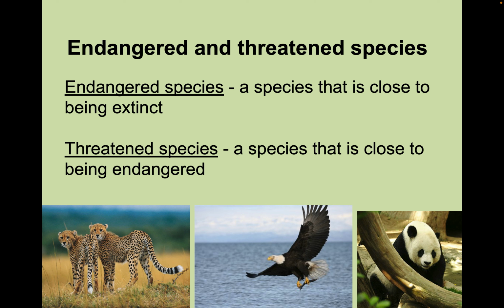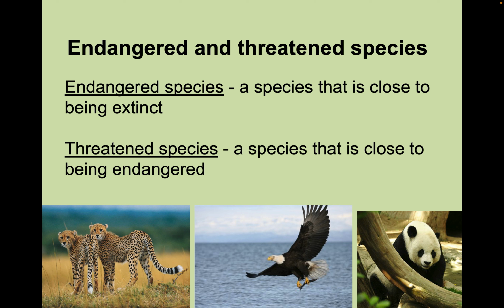An endangered species is something that's close to being extinct. A threatened species means they're close to being endangered. So you either are doing okay, threatened, endangered, extinct. There are some animals that were close to extinction because of things that humans were doing, like eagles and other large birds.